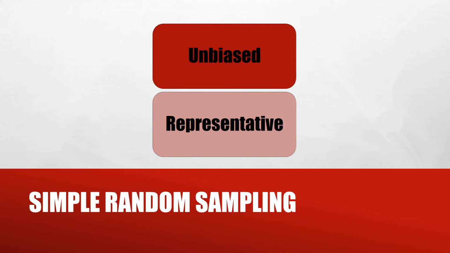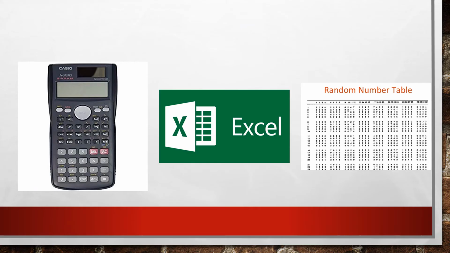Simple random sampling can be more easily implemented for natural and manufacturing populations. It can easily be done by automatic generation by your scientific calculator or Microsoft Excel, or by using a random number table.